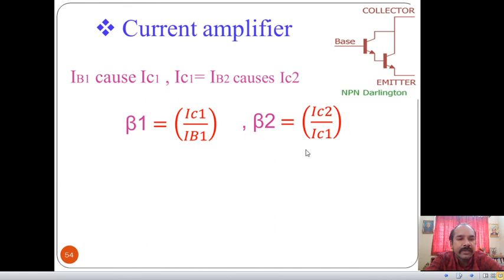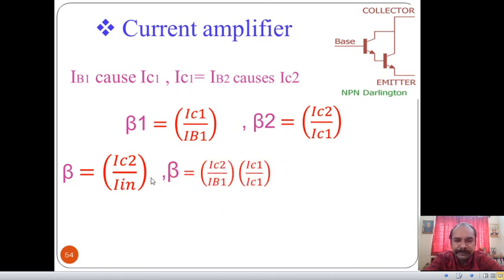Now the overall current gain of this amplifier means output current divided by input current. Beta is equal to output current, which is IC2, and input current, which is IB1, that is IIN that we have given. IIN is equal to IB1.